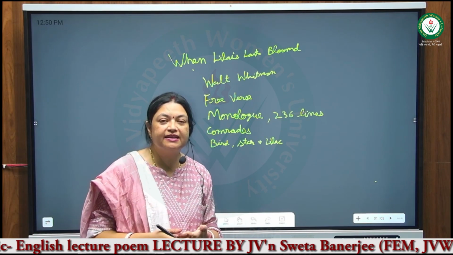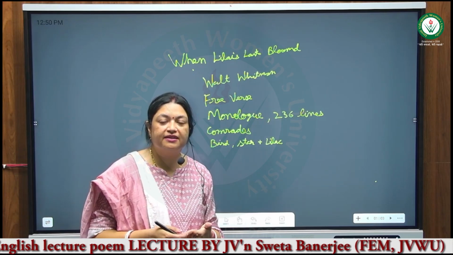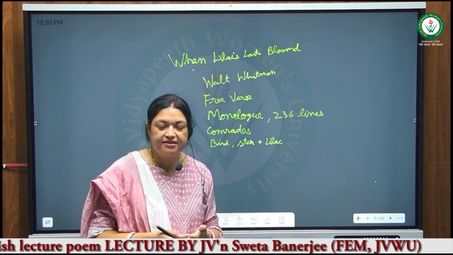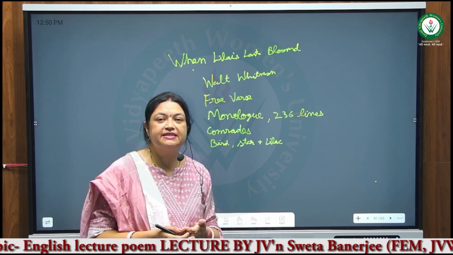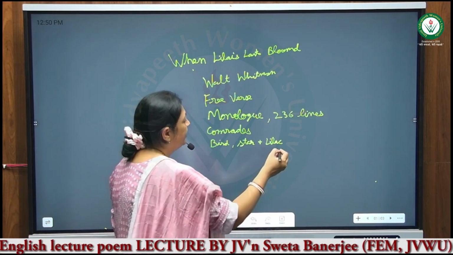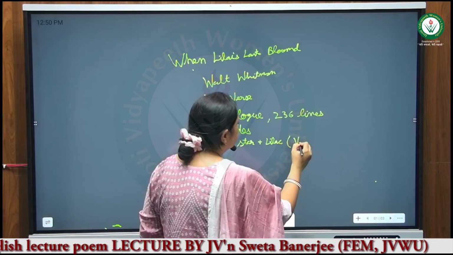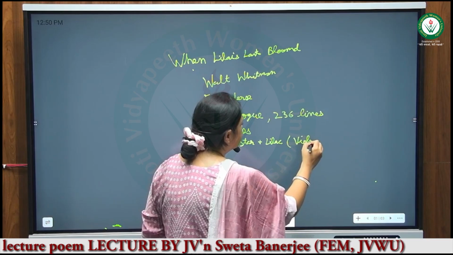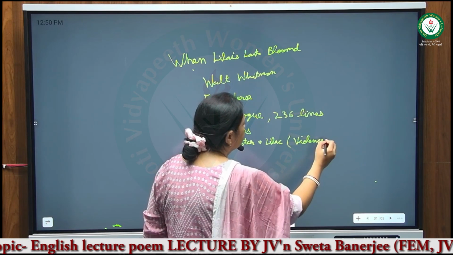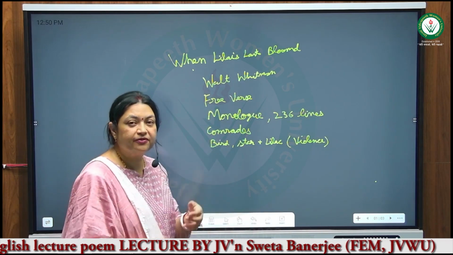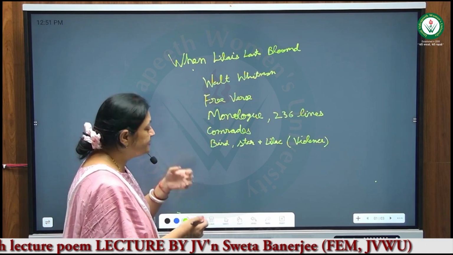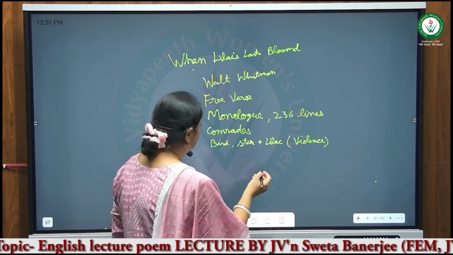Because the lilac color is violet, and it is representing violence. So lilac is representing violence, because the poet is expressing his grief for the person to whom he is dedicating this poem.